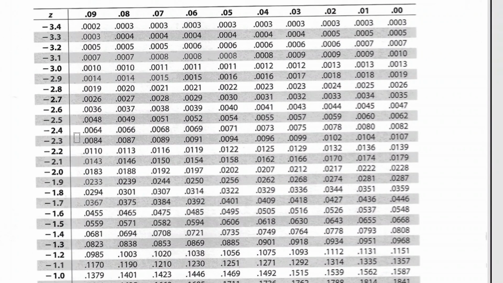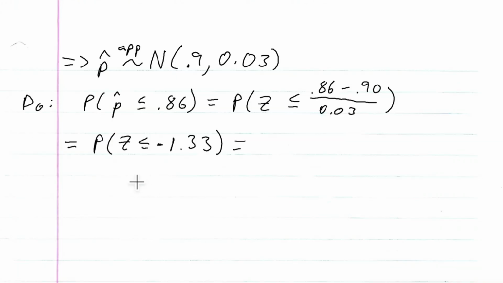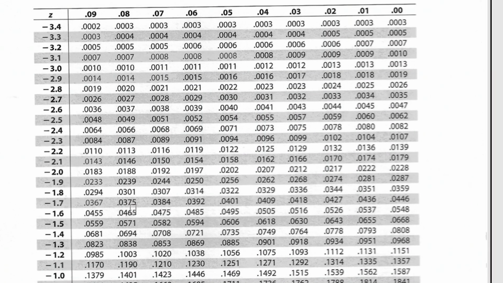We're trying to find the probability that z is less than or equal to negative 1.33. Negative 1.3 is this, and then 3 over here is this.